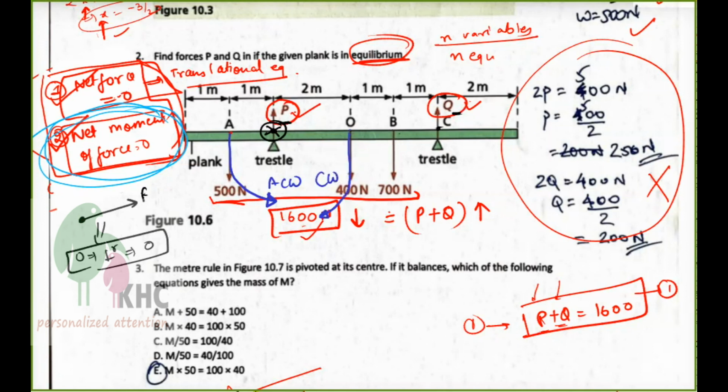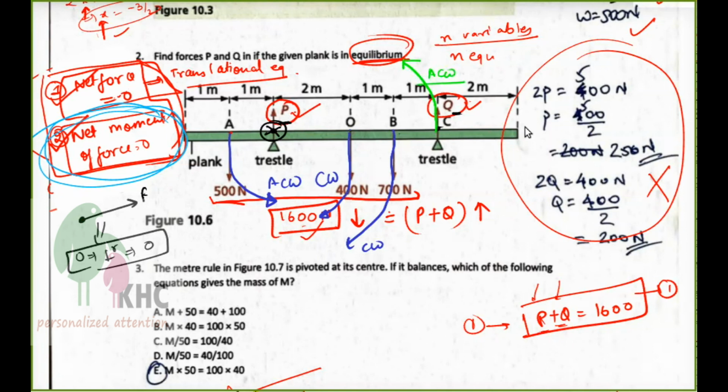This 700 newtons is trying to turn the plank in the clockwise direction, and this Q is trying to turn the plank in the anti-clockwise direction. Is this clear?